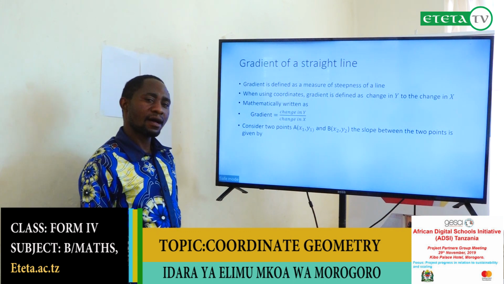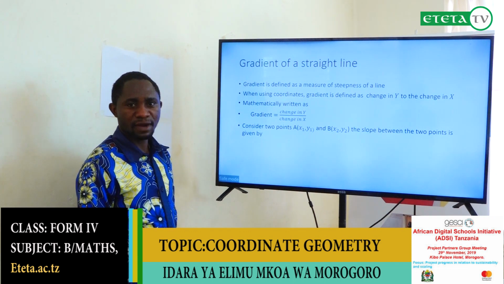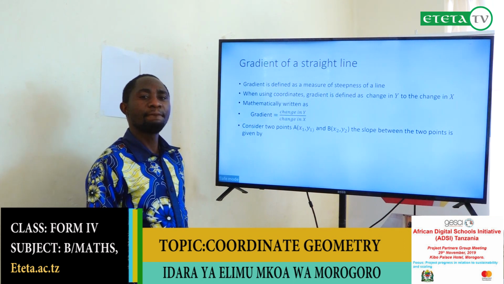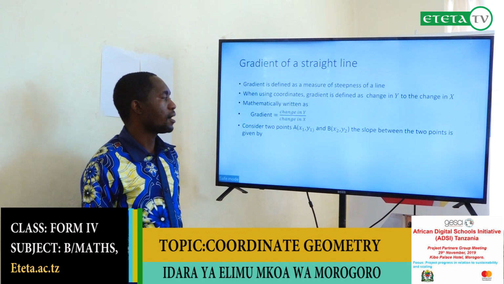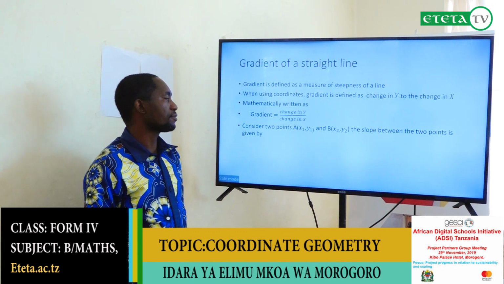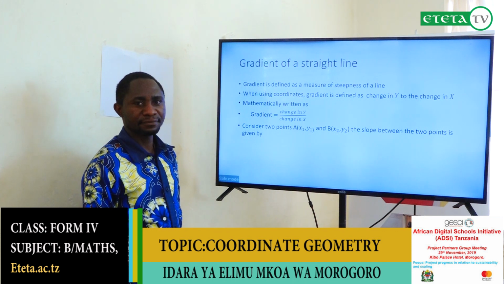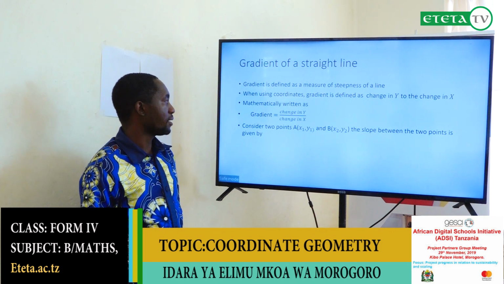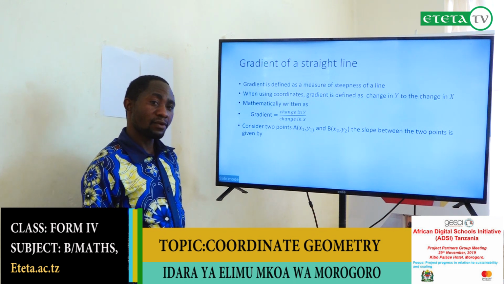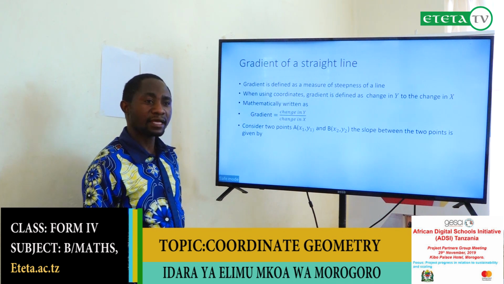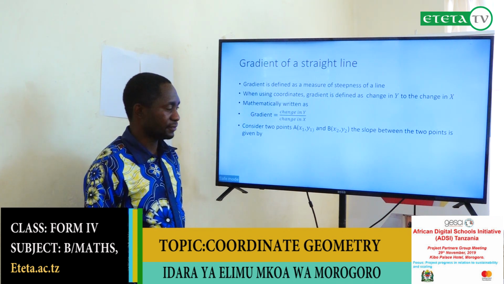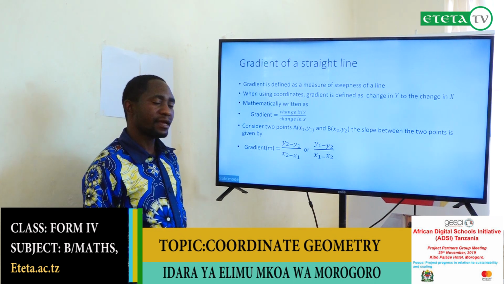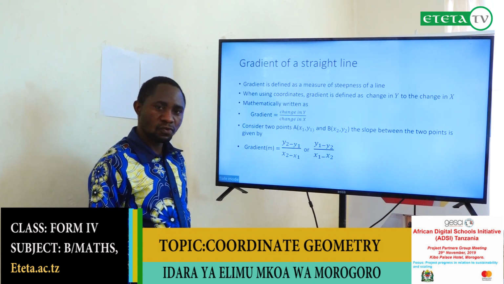Now consider two points, (x1, y1) and another point B (x2, y2). The slope between the two points is given by change in y over change in x, that is y2 minus y1 divided by x2 minus x1, or y1 minus y2 divided by x1 minus x2.